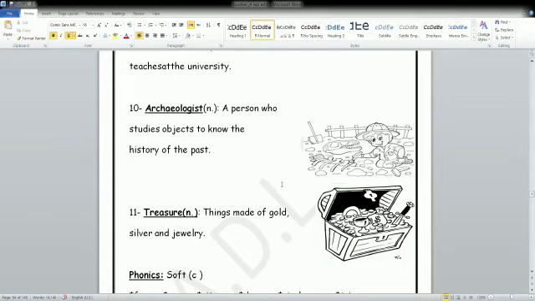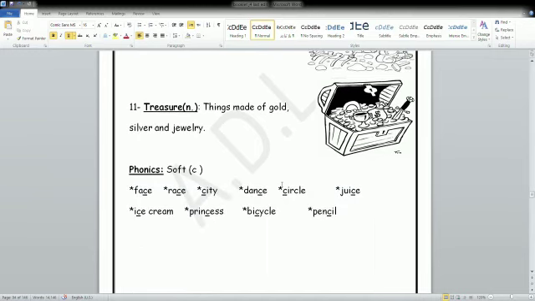And an archaeologist studies archaeology. Archaeology is the study of the remains of the ancient times. This is the science itself. The last one, treasure. Things made of gold, silver, or jewelry, and of course very valuable things.